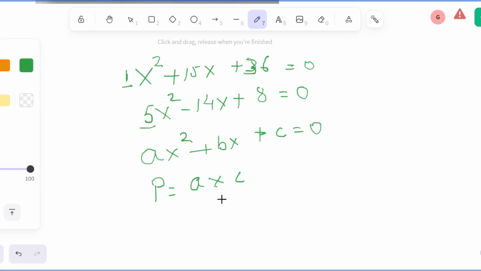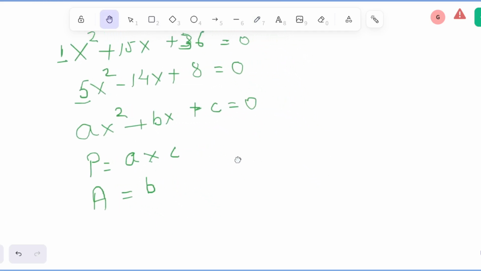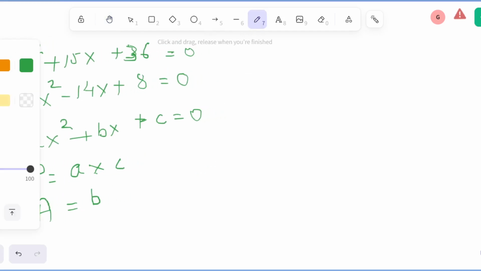And you have to find the sum, which is equal to the coefficient of x, which is b, the middle term. If we discuss the first equation, 1x square plus 15x, the same method applies for both equations, whether the coefficient of x square is 1 or anything else.